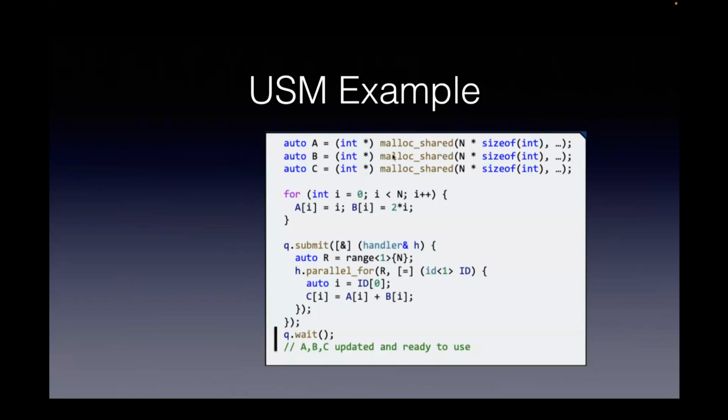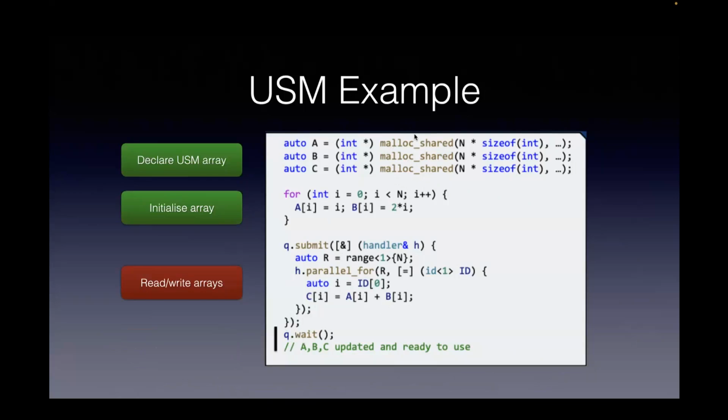Now, once that happens, because this is malloc_shared, A, B, and C, which are initially on the host, are actually updated and ready to use with the updated values as created by this kernel inside the device. That's the brilliance of malloc_shared, where the data movement is also implicit and you don't have to worry about it.